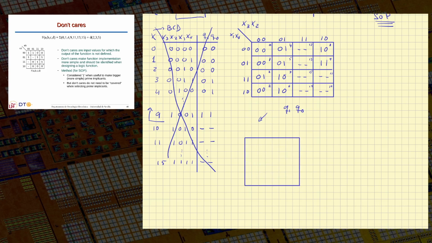Okay, so let me calculate. That's it. So let's make a nice Karnaugh map. I'll use this one for Q1. This is x3, x2, x1, x0.